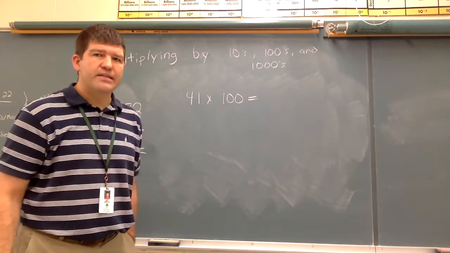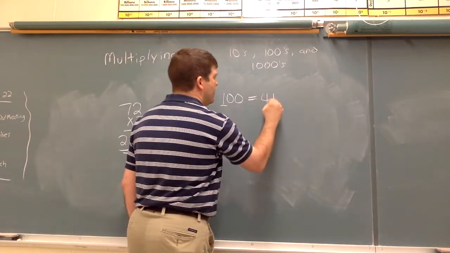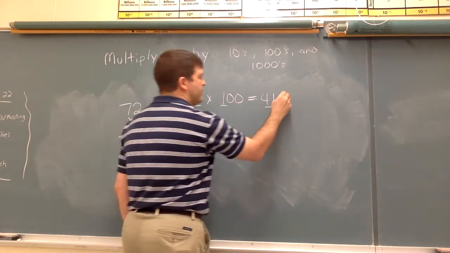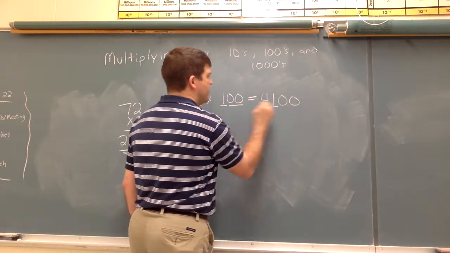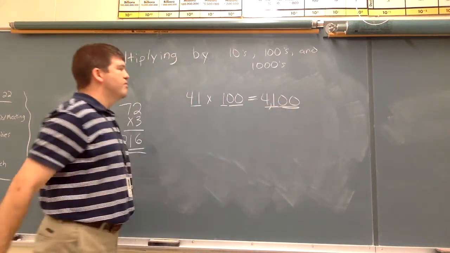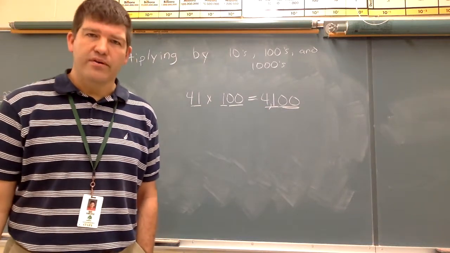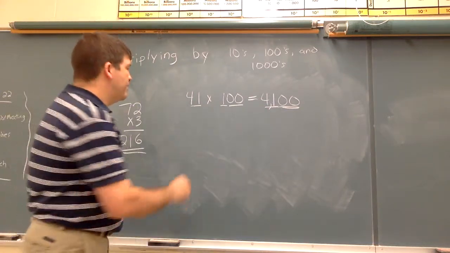So 41 times 100, I know the 41 times 1 is 41. Come over here, I have two zeros. Those match up, comma. So 41 times 100 is 4,100.